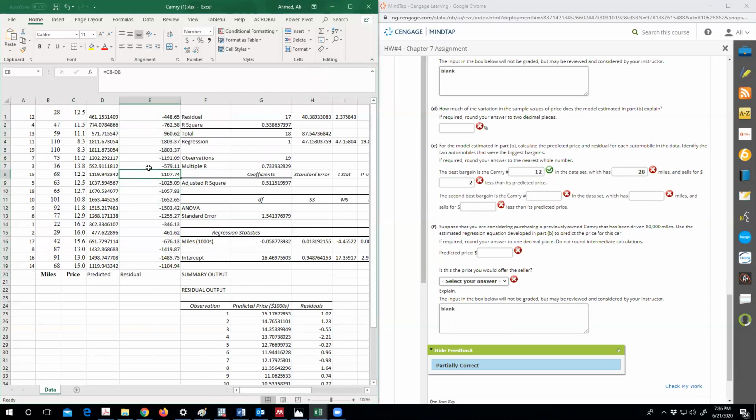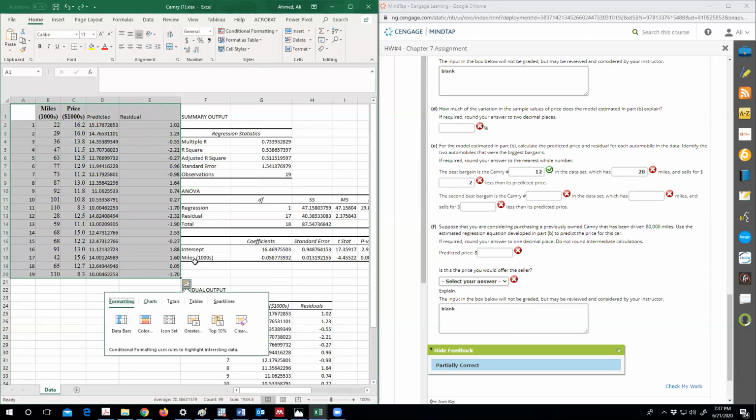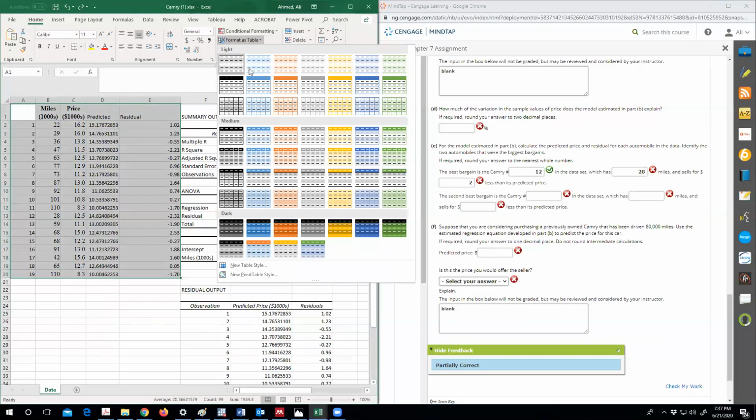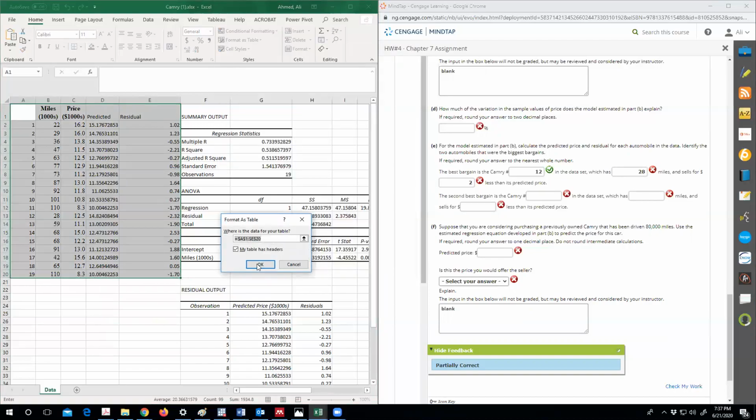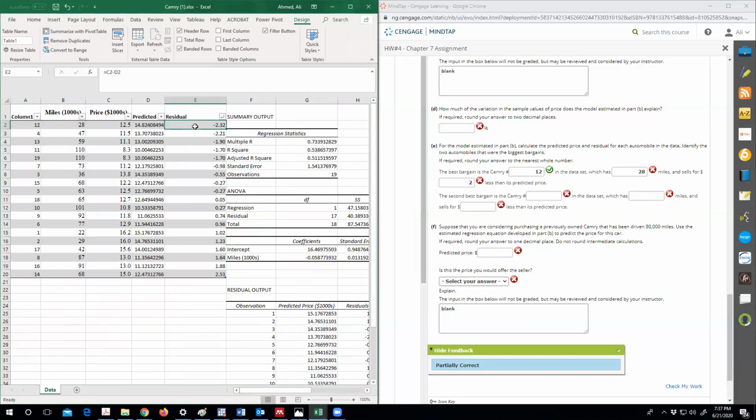Uh-oh. It's really messed up. Yes, so let me copy this, or we can make it a table. Format as table, okay. Table, and then sort, okay.